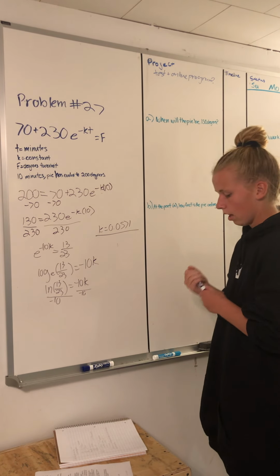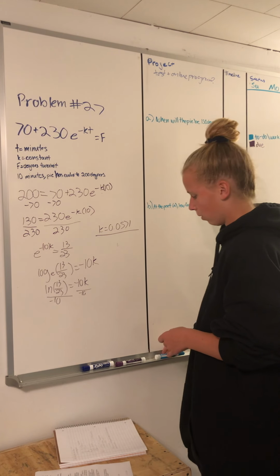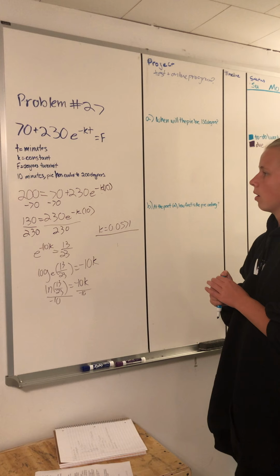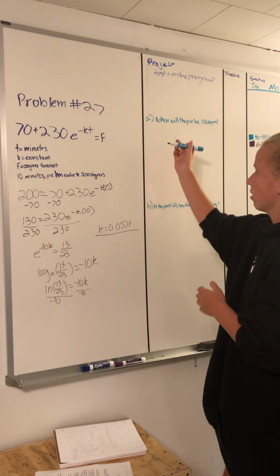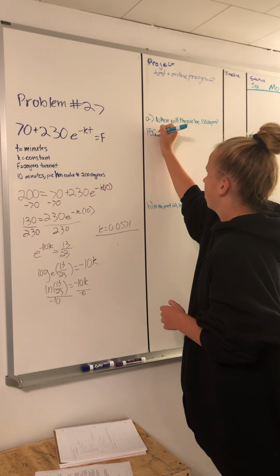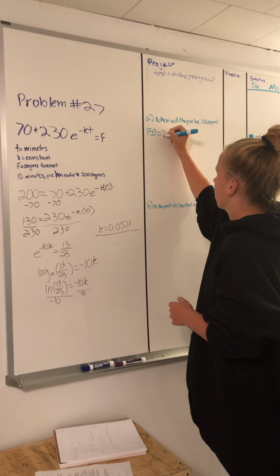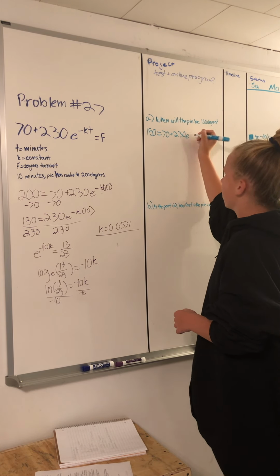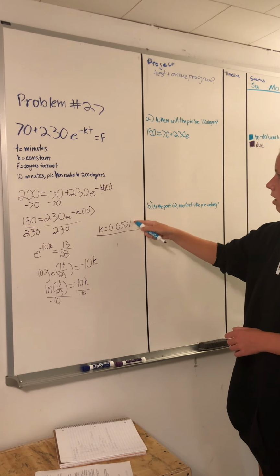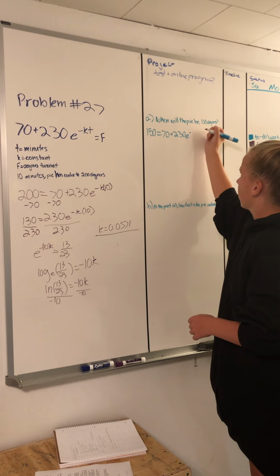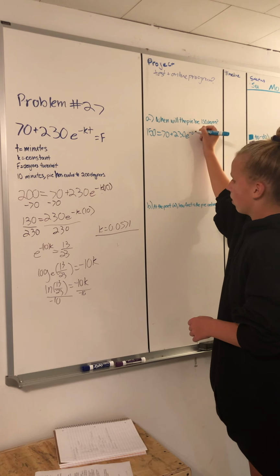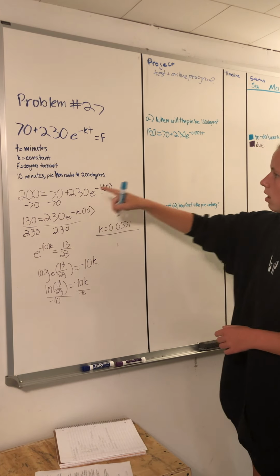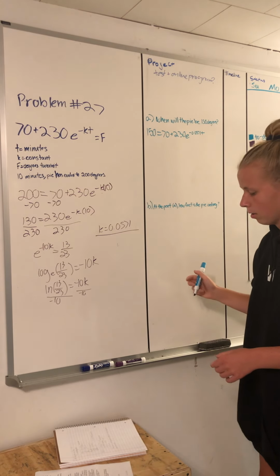So then A asks, when will the pie be 150 degrees? So we know that F in this case is 150 equals 70 plus 230 e, and now that we know what k is, we can have negative 0.0571 t, where t is the minutes.